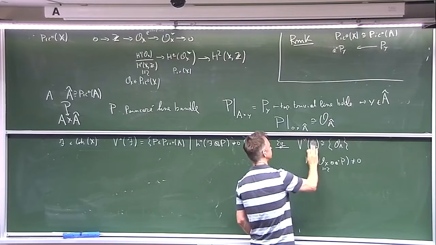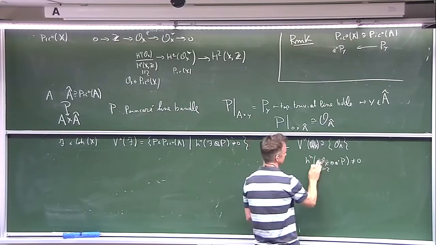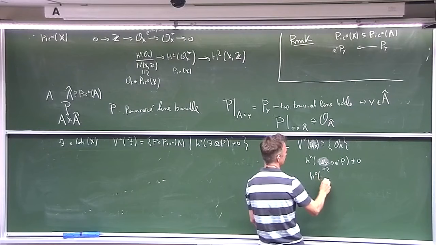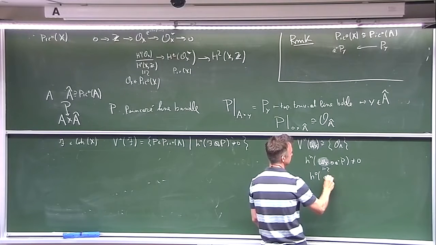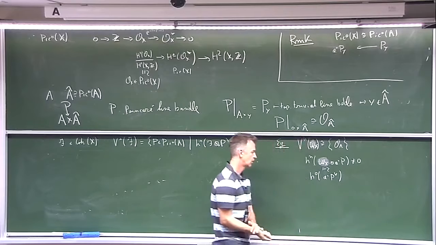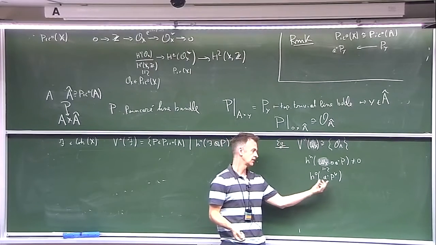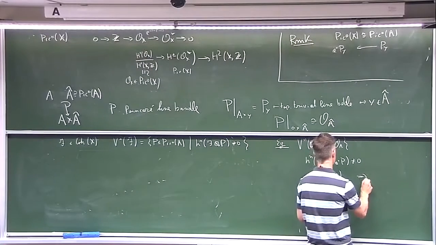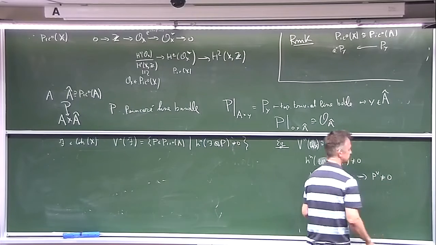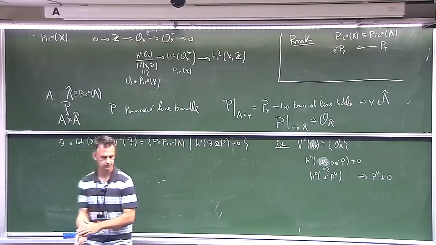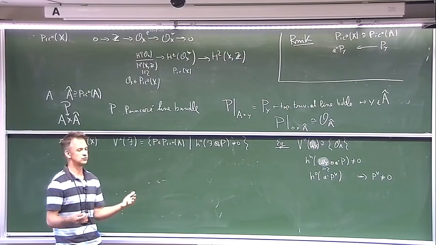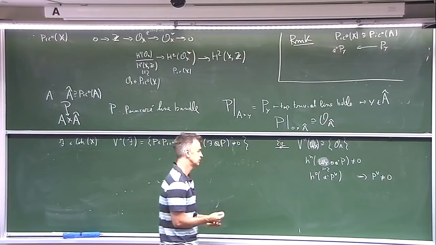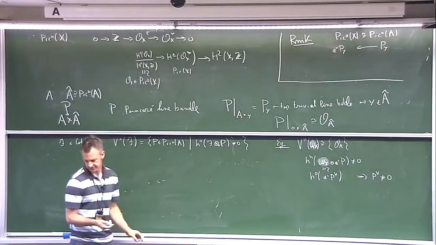I wanted to say omega X. Okay, so you'll see in a second. This is isomorphic to H^0 of O of A, so just alpha star of P dual. So this is a topologically trivial line bundle. The only way it can have a section is if P dual is non-zero. Right, because these line bundles have degree 0, so if they have a section, then they have to be the trivial line bundle. It's the only way they can have a section. Okay, so that's just a silly example.